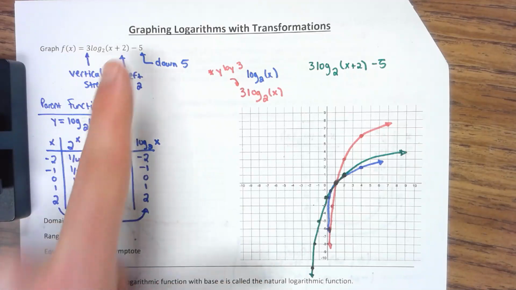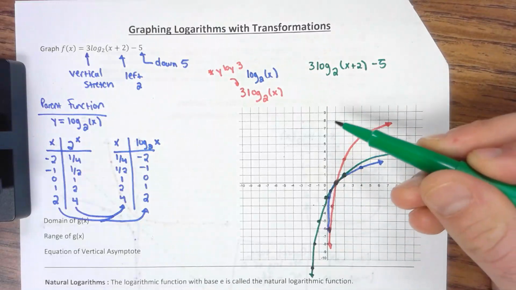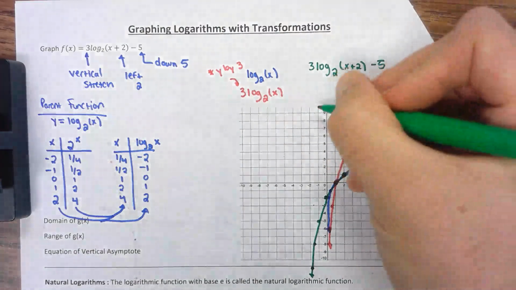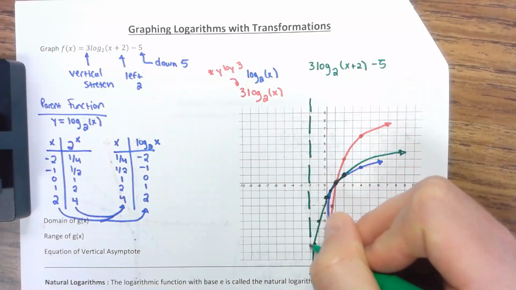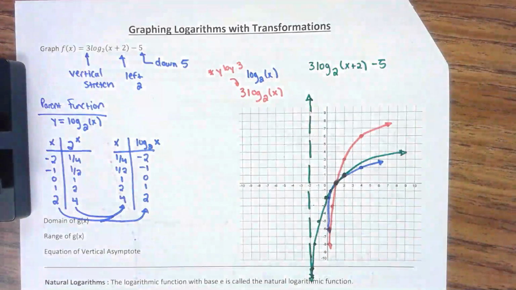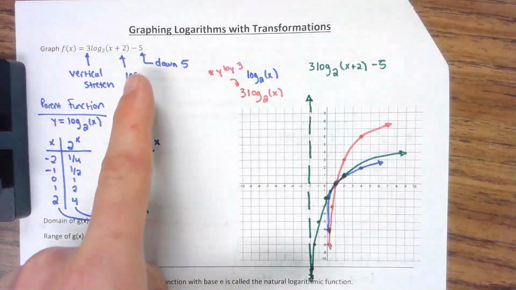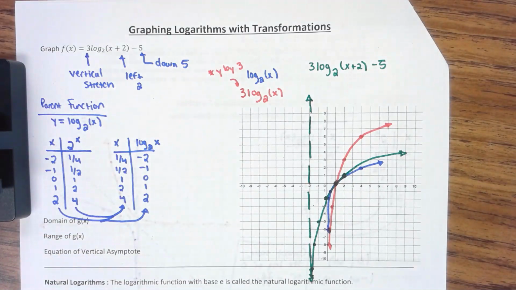And a couple reasons for that. That vertical asymptote is originally at x equals 0, and so we're shifting it left 2 to put it at -2. Another reason we can see this in the equation is if I plug in -2 for x, now I'm taking the log of 0, which is a problem.